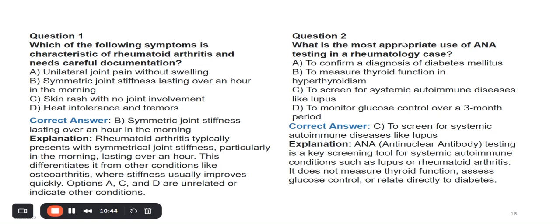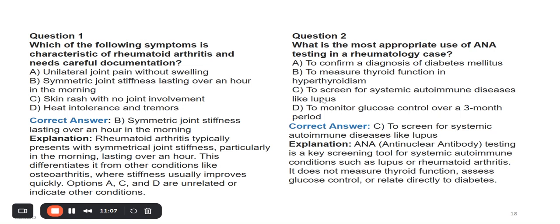Question 2. What is the most appropriate use of ANA testing in rheumatology cases? A. To confirm diagnosis of diabetes mellitus. B. To measure thyroid function in hyperthyroidism. C. To screen for systemic and autoimmune diseases like lupus. Or D. To monitor glucose control over a 3-month period.